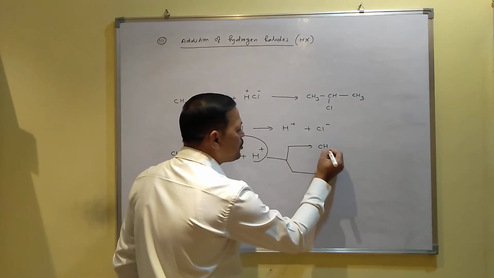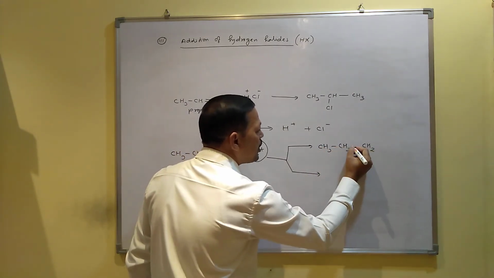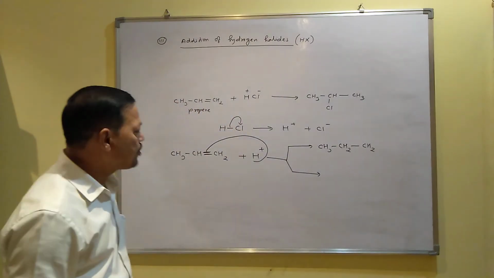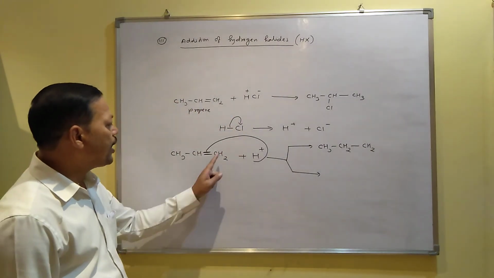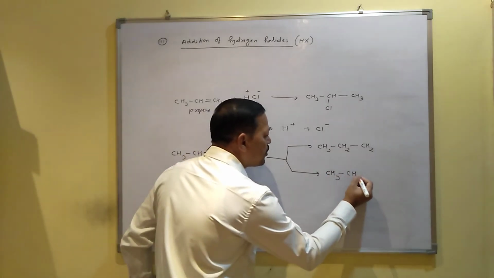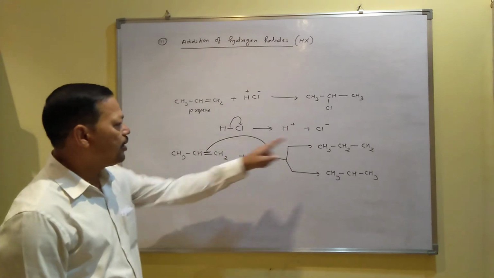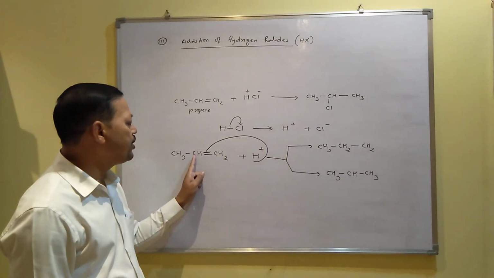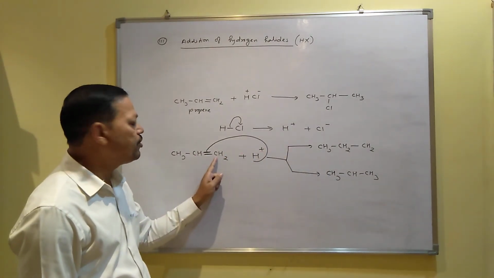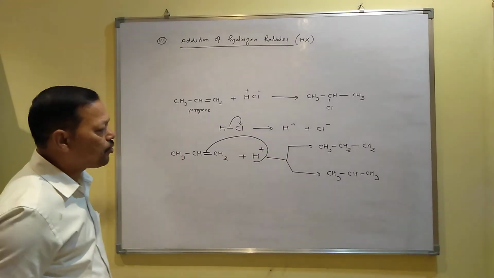If you add hydrogen to this carbon, the double bond will be converted to a single bond and you will get this product. Or if you add hydrogen to this carbon, then you will get this product. In one case hydrogen is joined with this carbon, or in the other case with that carbon. There are two possibilities for getting the product.